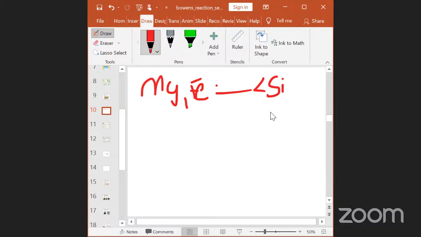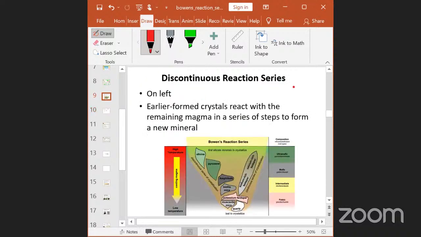Then the silica percentage increases in pyroxene compared to olivine, further increases in amphibole and biotite, and lastly it goes to quartz here, which is free silica, that means SiO2. It does not contain any other elements or oxides.